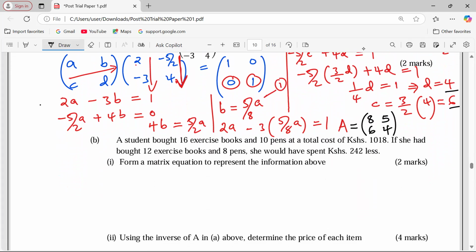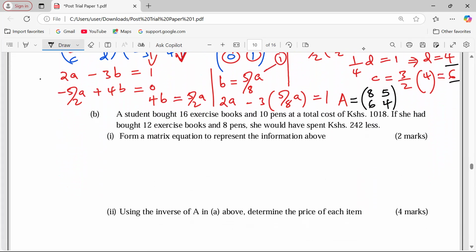Very simple. Good. Let's check now part B of this. A student bought 16 exercise books and 10 pens at a total of 1018 Kenya shillings. If she had bought 12 exercise books and 8 pens, she would have spent 242 less.